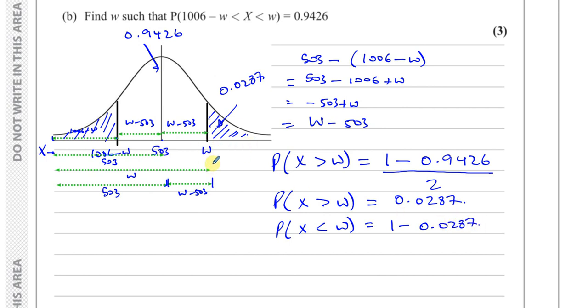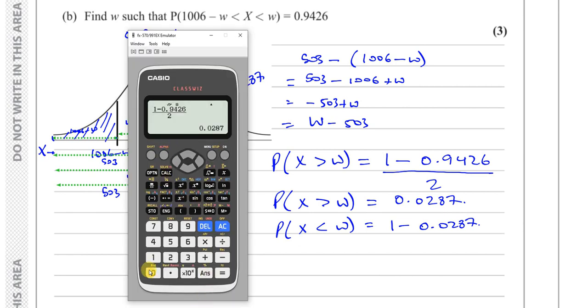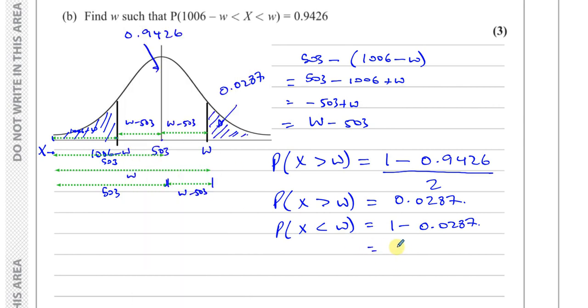Remember, the Z value that we're going to find is where the area is to the left of it, not to the right of it. That's the table we're going to use. So we take 1 minus that value, and it gives us 0.9713. So we're finding the value of Z for which this is true.